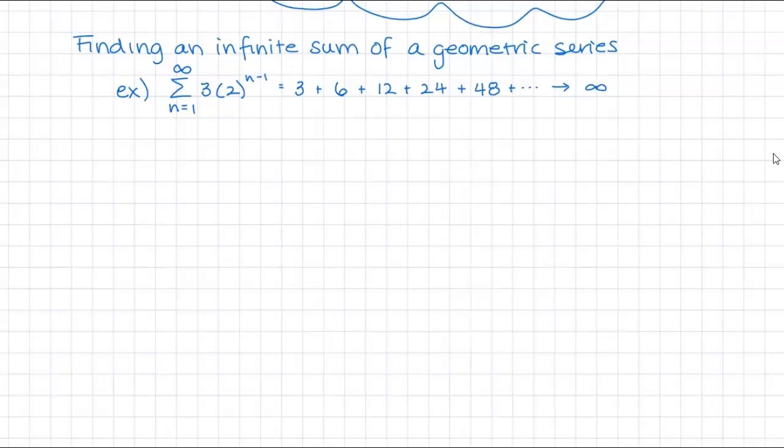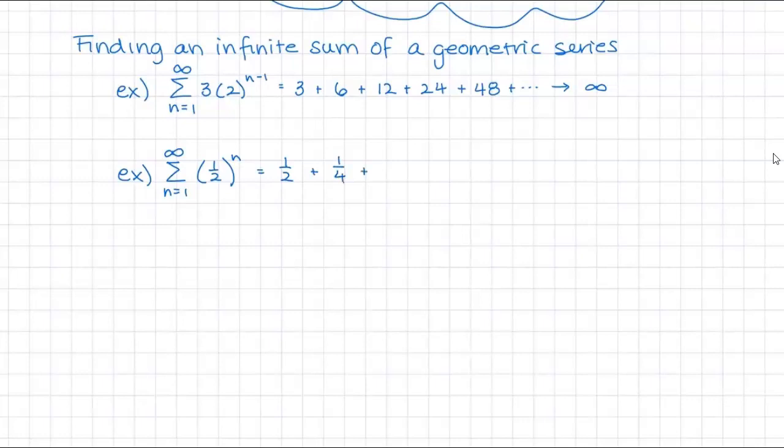Think about this one. As n goes from 1 to infinity, of 1/2 to the power of n. So let's look at this. Okay, so when n is 1, 1/2 to the power of 1 is 1/2. When n is 2, 1/2 squared is 1/4.